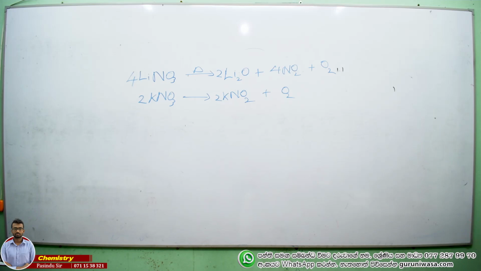And write down the equation of lithium nitrate, and then write down after that: other group 1 nitrates produce relevant metal nitrite and oxygen.